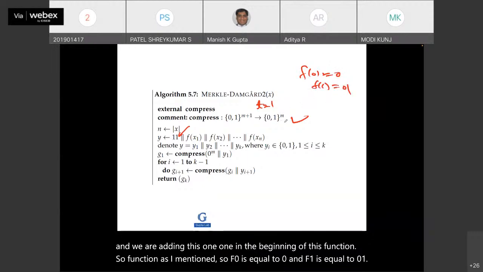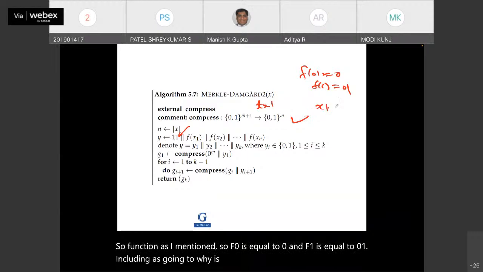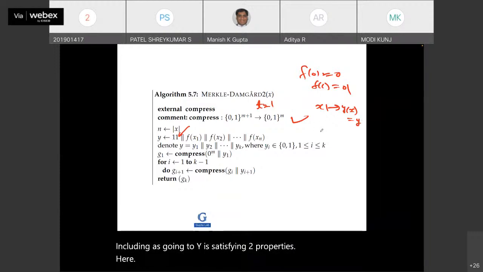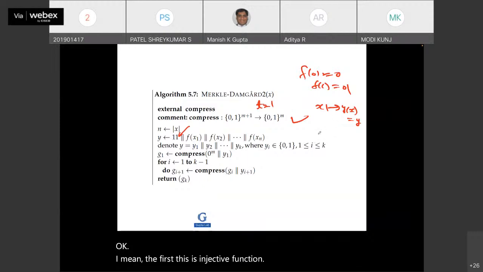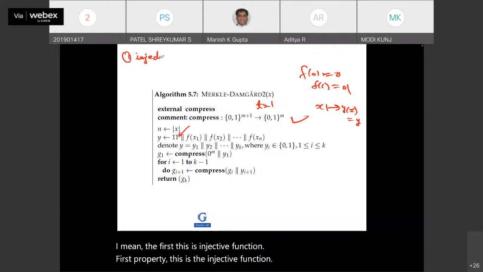Now the encoding x going to yx satisfies two properties here. First property, this is an injective function: x going to yx is an injective function.